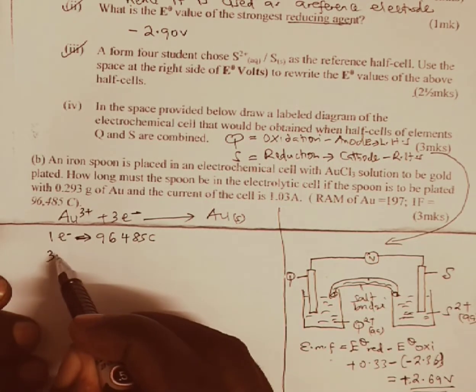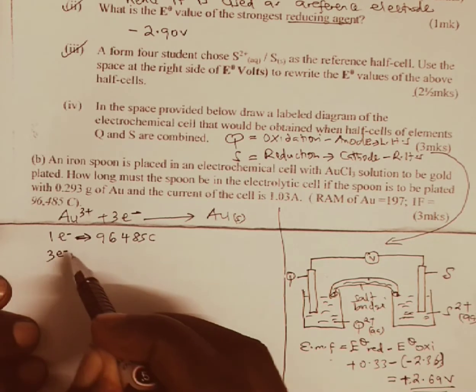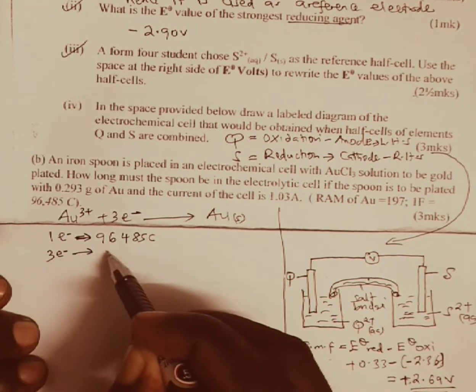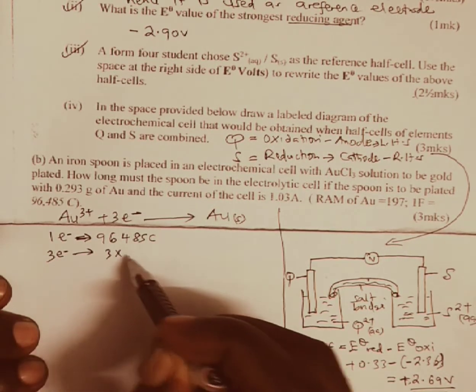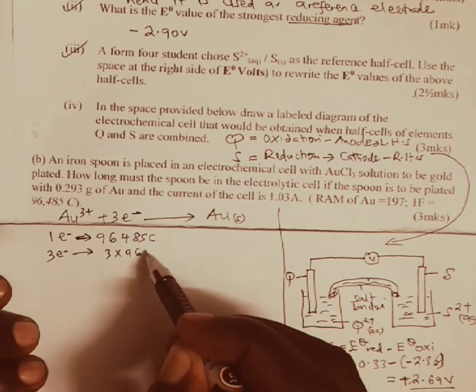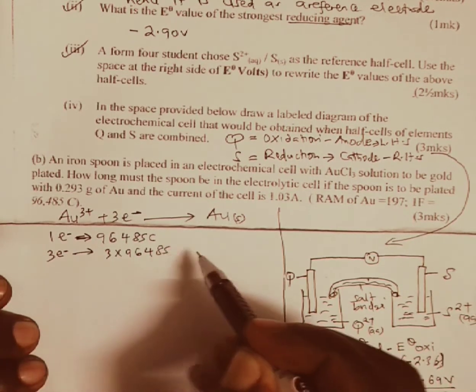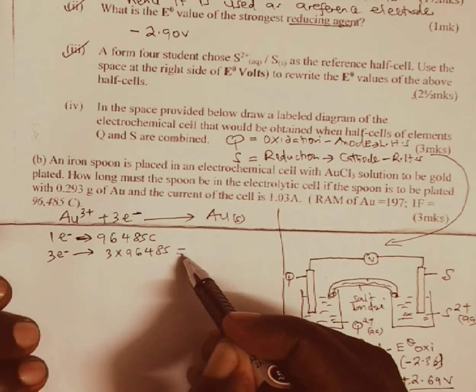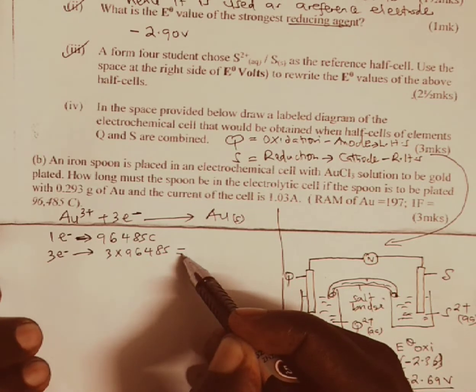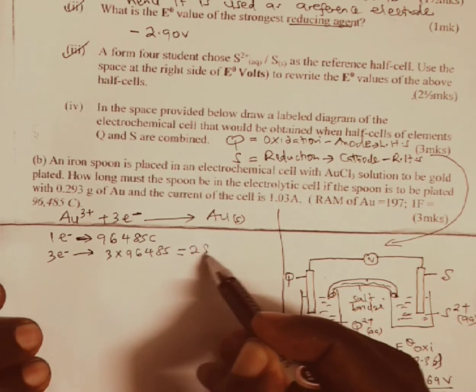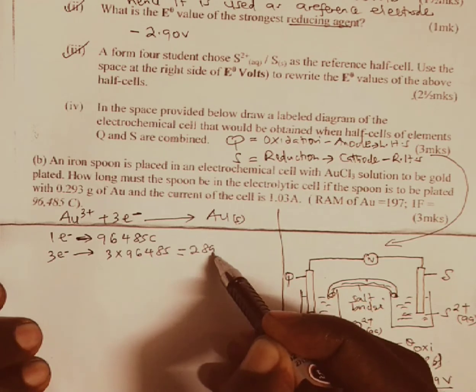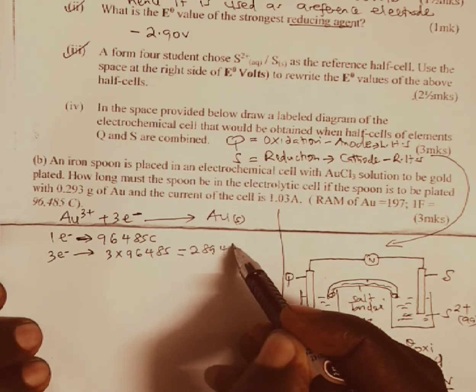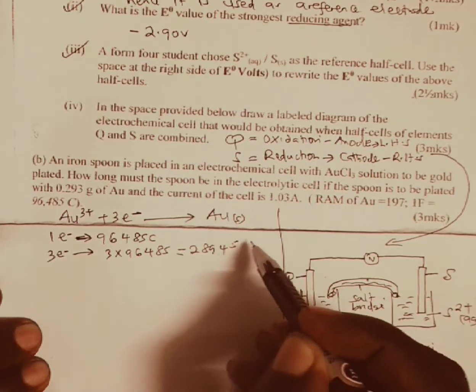If now gold requires to gain 3 electrons, 3 electrons are going to be equal to 3 times 96,485, which is going to give us 289,453 coulombs.